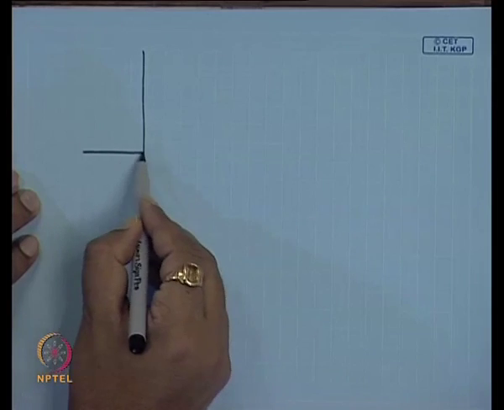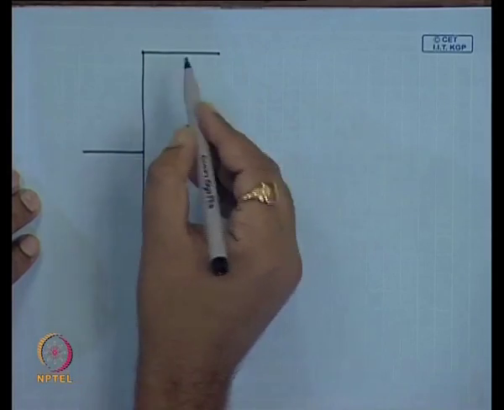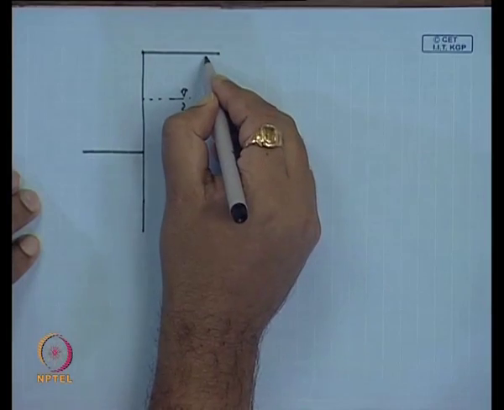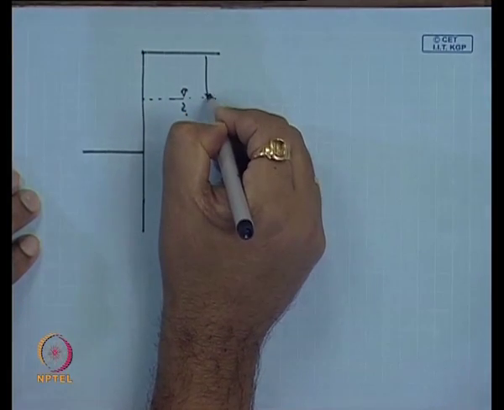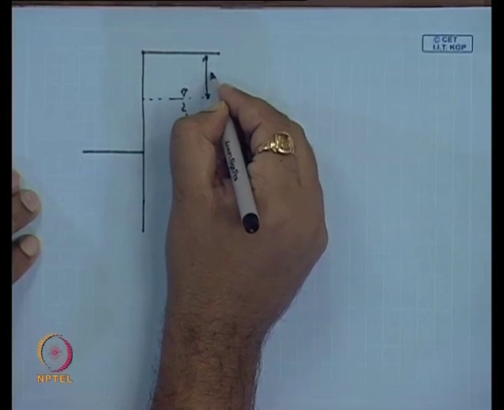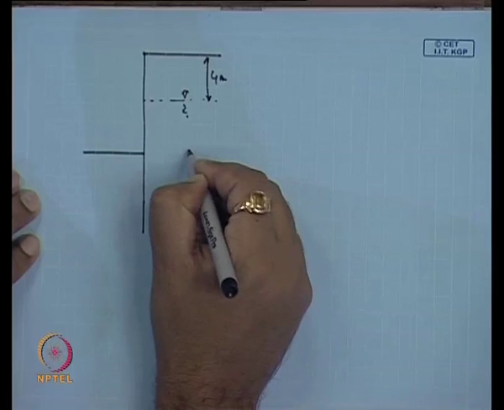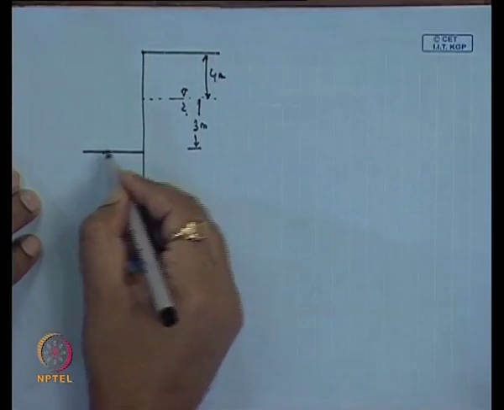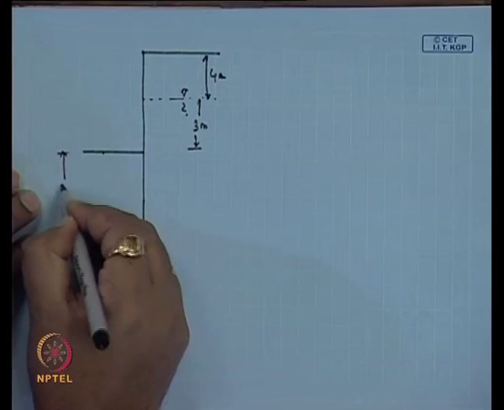So, this is your dredge level, this is the same water level, and this distance, this height is 3 meter, and then this required depth we have to determine.